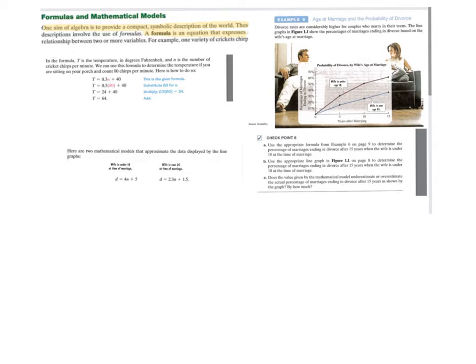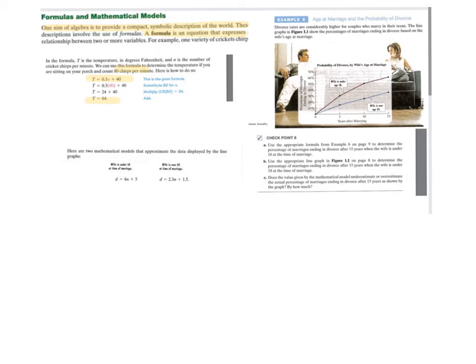In this case, we have a formula right here for the temperature based on the number of chirps a cricket has per minute. From that formula, if we know how many chirps there are per minute, which we do right here, we can substitute that into the formula and get the temperature, which is 64 degrees. So at 80 chirps, we get 64 degrees. Creating algebraic expressions or algebraic equations basically tries to represent the real world.